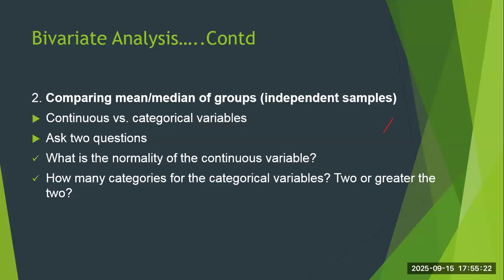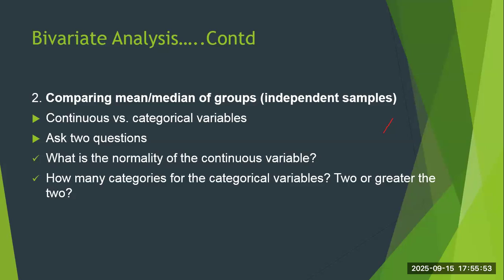So now the fundamental question to ask yourself is, what is the normality of distribution of the continuous variable, that's the PCV? And how many categories are there for the categorical variable, which is the research group? In this case we have two, those with asthma and those without. Sometimes you may have people who are drug naive, drug exposed, and control.